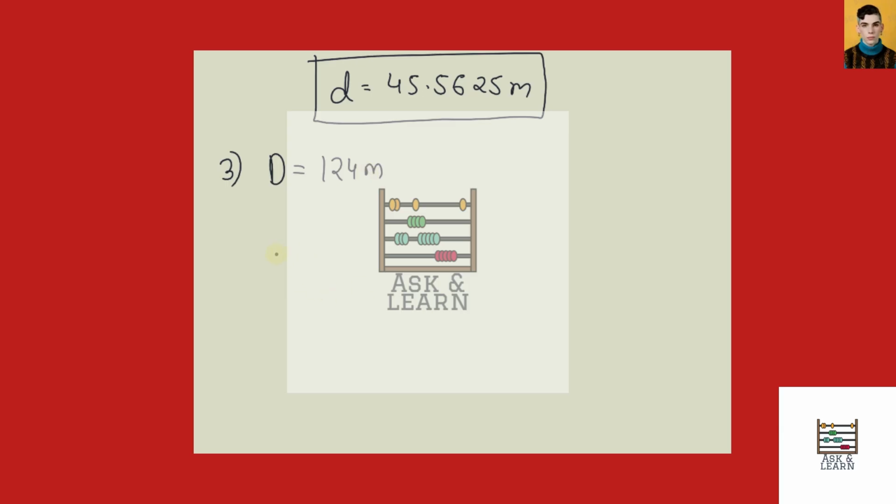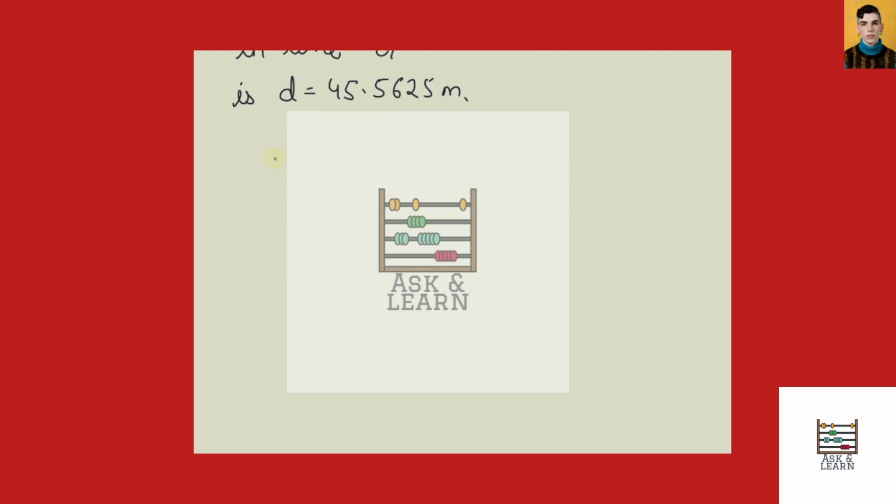So now during acceleration, in time, let us call it t1, that is 3.375, the distance covered is 45.5625 meters, because till top speed this much distance is covered during acceleration.